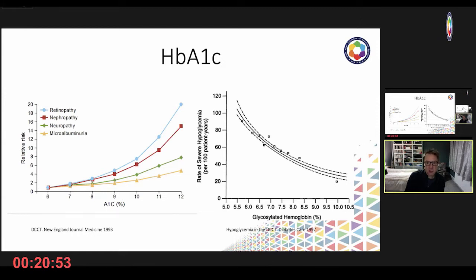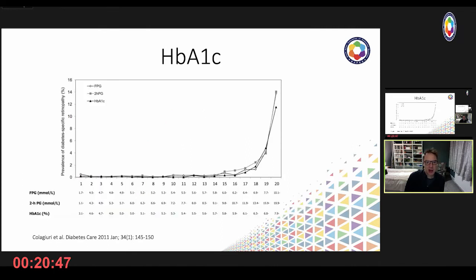So HbA1c is very well established as a marker of risk in all people with diabetes, and not only is it used in monitoring and for intensification purposes, but it's also well validated now for diagnosis of diabetes. These are the data shown in the WHO Guide for Diagnosis of Diabetes from 2011.